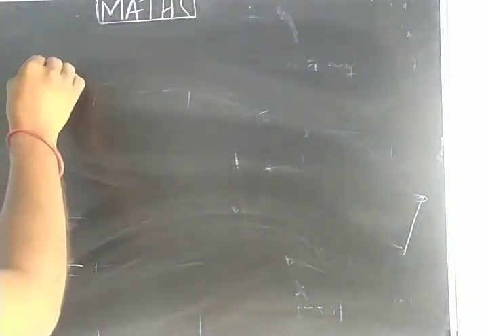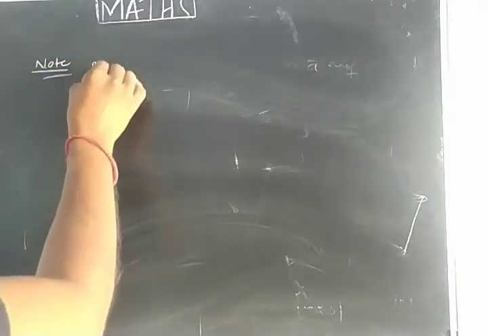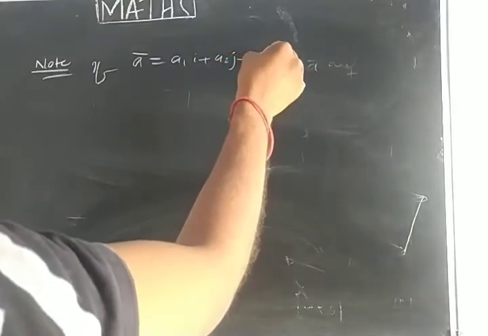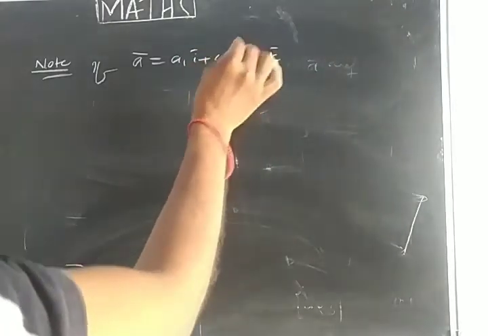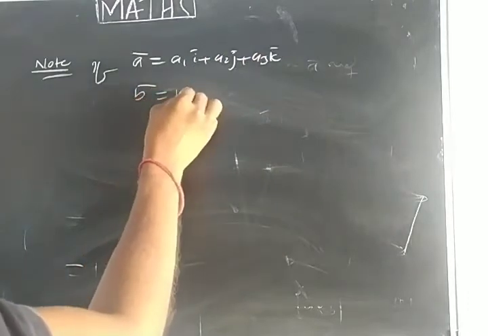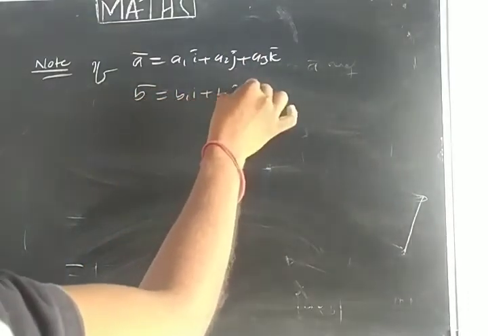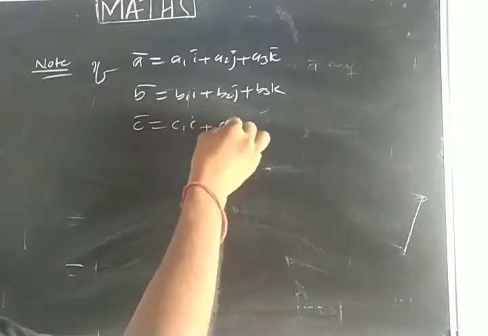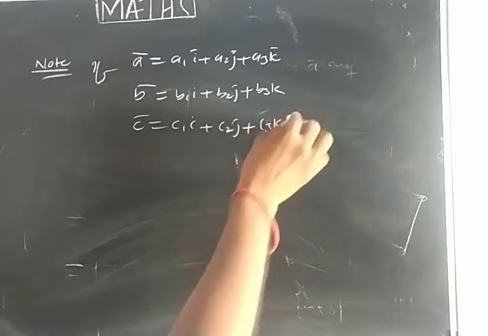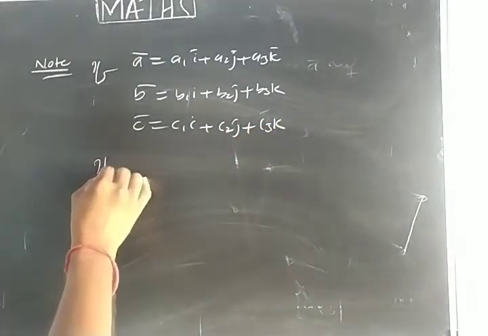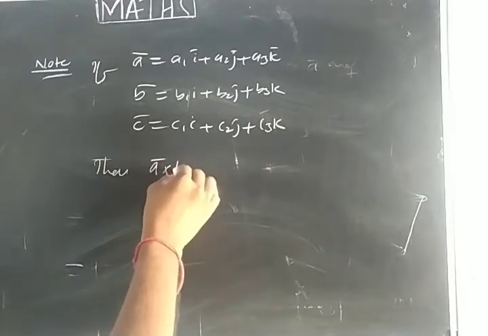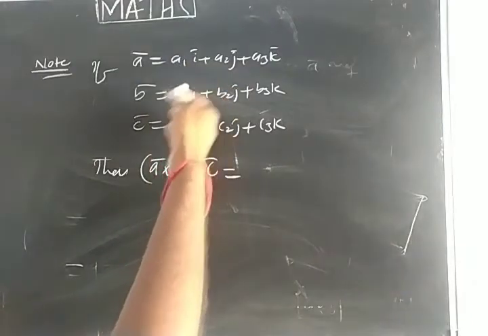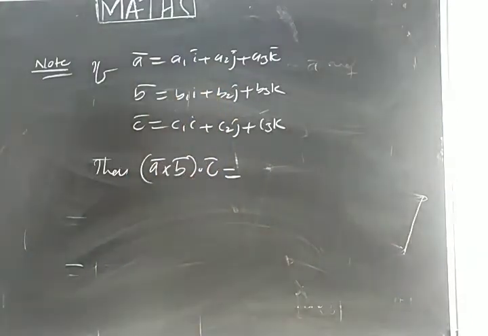Okay, now write a note. If A bar is equal to A1 i plus A2 j plus A3 k, B bar is equal to B1 i plus B2 j plus B3 k, C bar equal to C1 i plus C2 j plus C3 k, then A cross B bar dot C bar: you can calculate A cross B first, and after getting the vector, you can take the dot product.